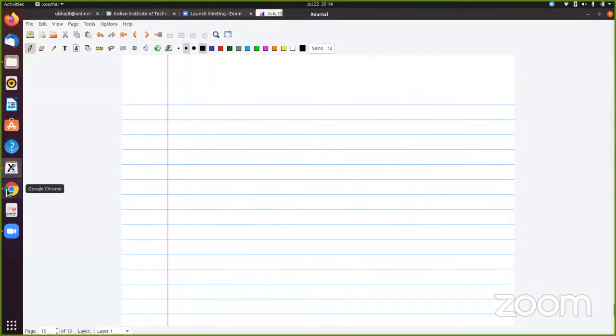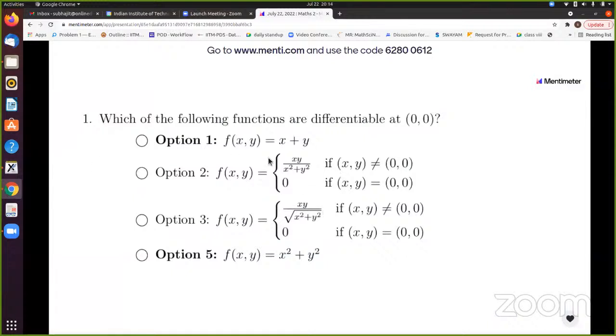Now what about the second one? Is xy by x square plus y square differentiable? I think no, sir. Why? Because this function is not continuous. Exactly. So it is not continuous at 0, 0, right? Because the limit does not exist. So it is not continuous at that point.